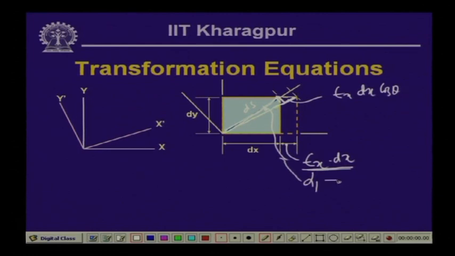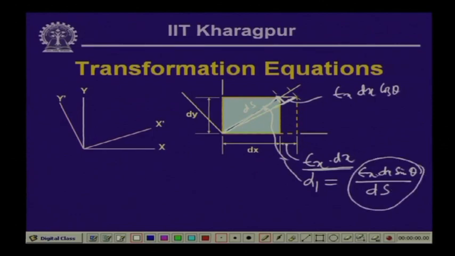So, alpha 1 is equal to epsilon x dx sin theta divided by ds. Please note that this particular angle is undergoing a change in the clockwise direction.